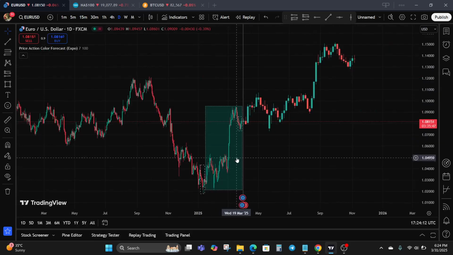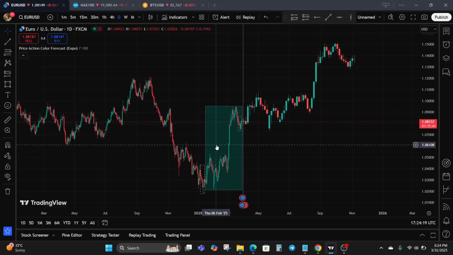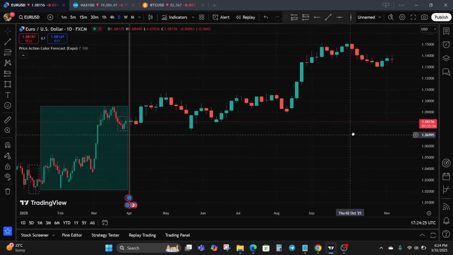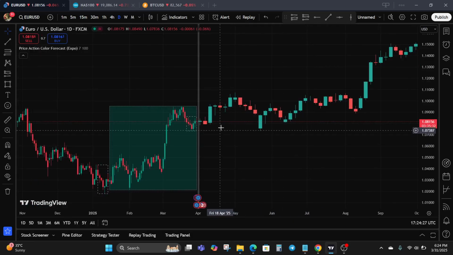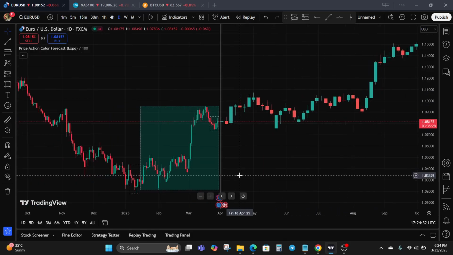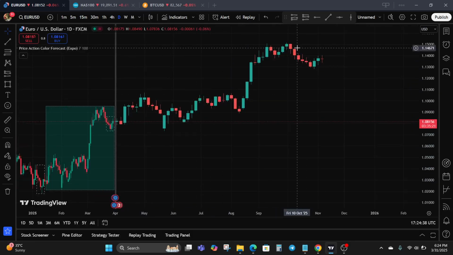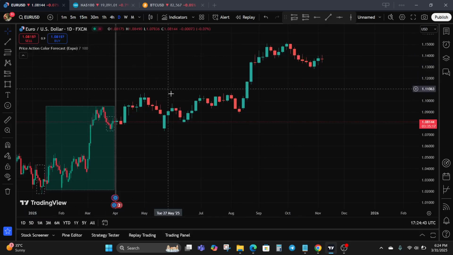It works by analyzing past price movement patterns to detect potential reversals. It also utilizes color-coded price bars based on market momentum and strength, and it highlights key zones where price action is likely to change. So can you see that this indicator predicts future price action? That is the reason why it's called Price Action Color Forecast.